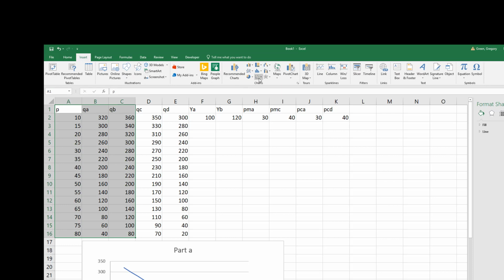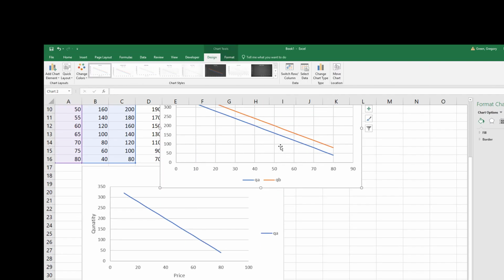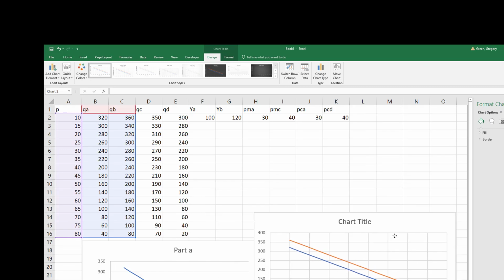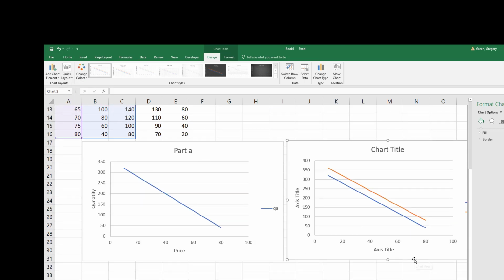So I'm going to insert, and here's part B. Let's choose a different layout. Let's make it so that it has axis titles. This is price. This is quantity.